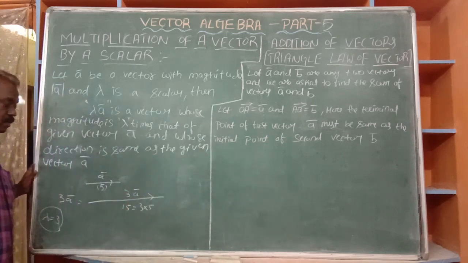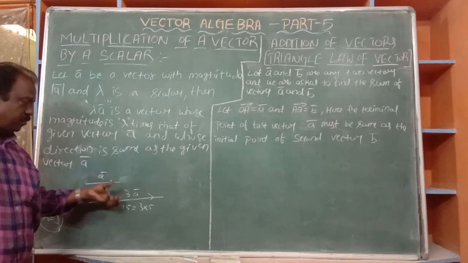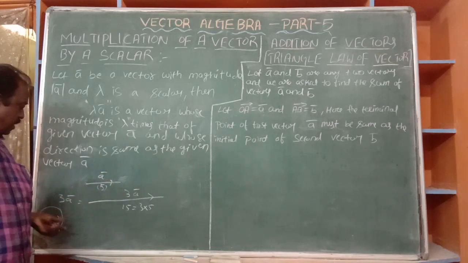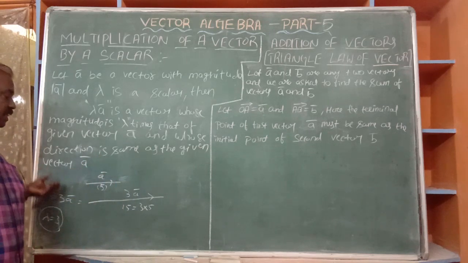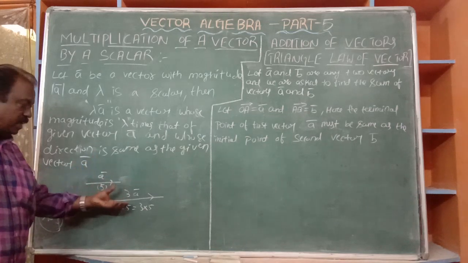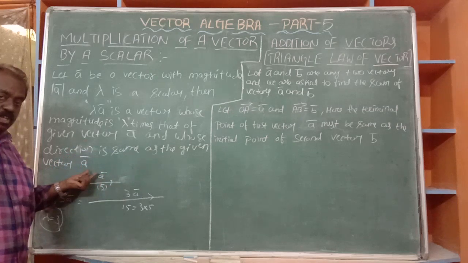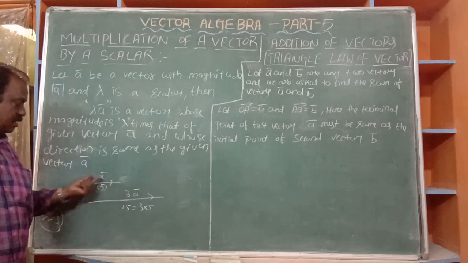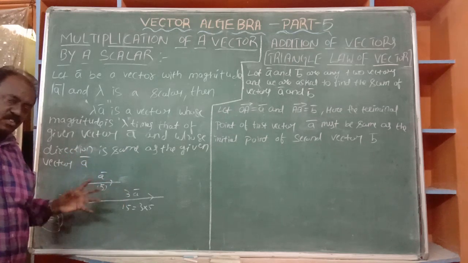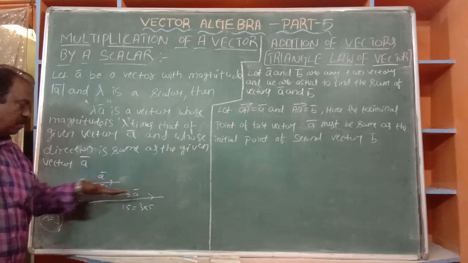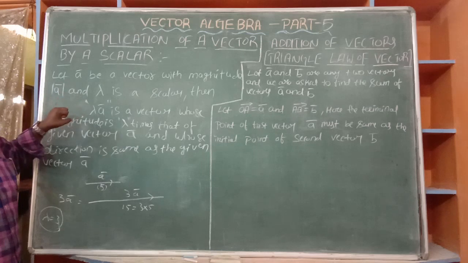The direction is the same. 3 A bar, just like lambda A bar, is a new vector obtained by multiplying the given vector A bar by the scalar 3. It is 3 times the given vector in magnitude. Direction is the same, okay? Direction is same, but it is 3 times the magnitude. Now it is perfectly applicable.